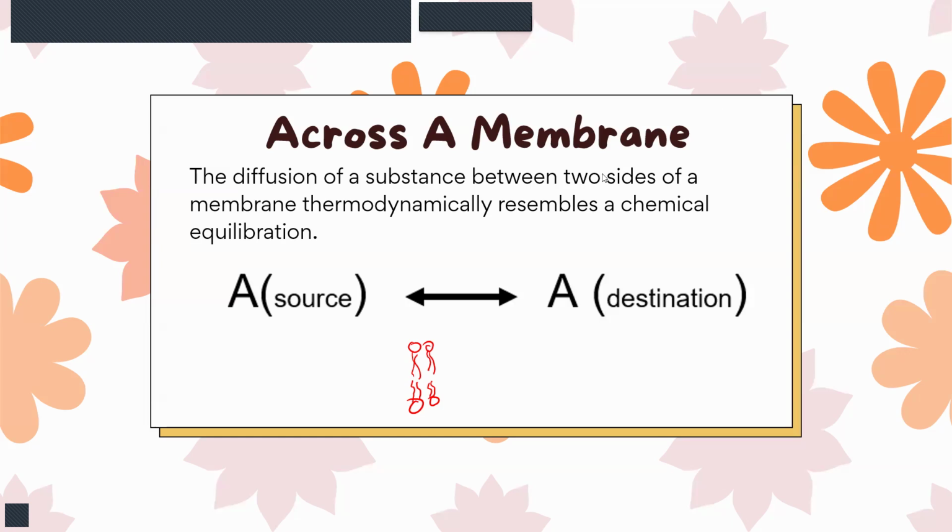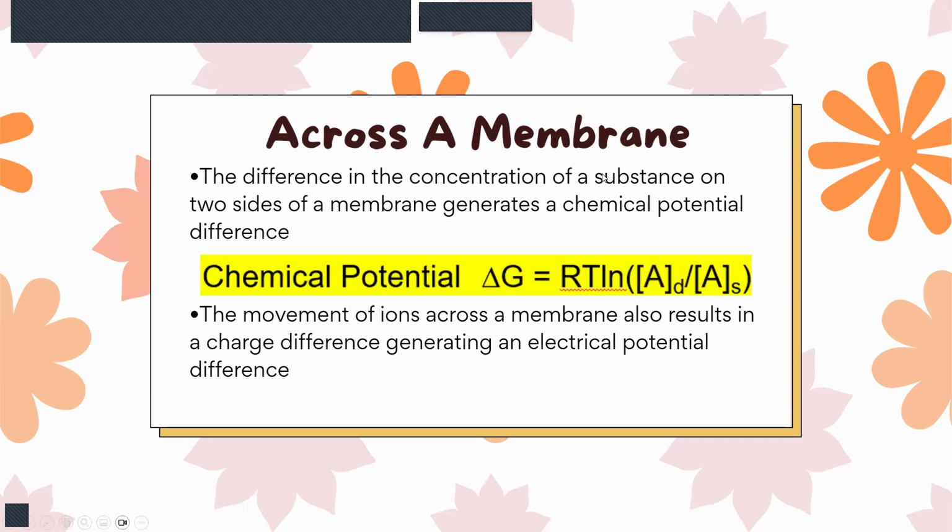Now, with respect to something moving across a membrane, we have to consider a couple of different things. Well, the difference in the concentration of a substance on two sides of the membrane generates what's known as a chemical potential difference. So basically the question is, well, is the concentration in the destination, the site that it's going, higher or lower?